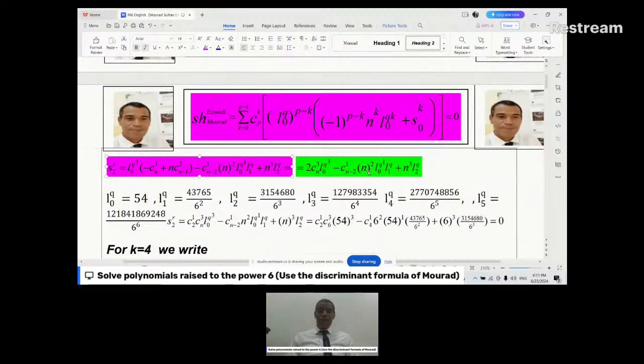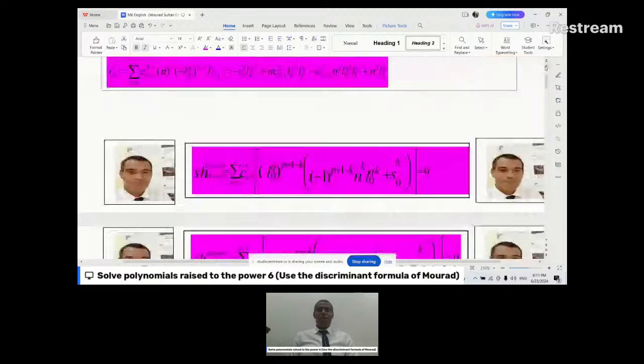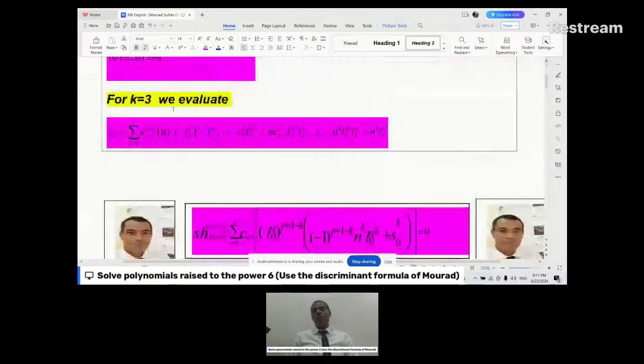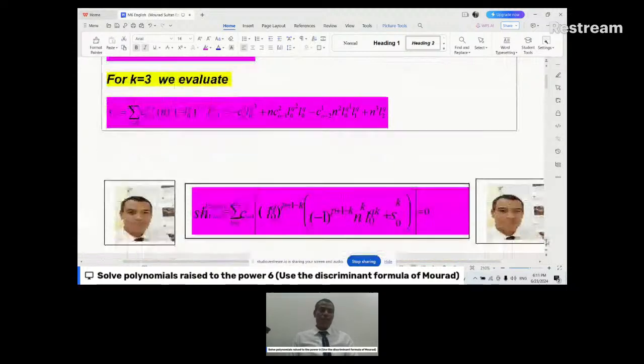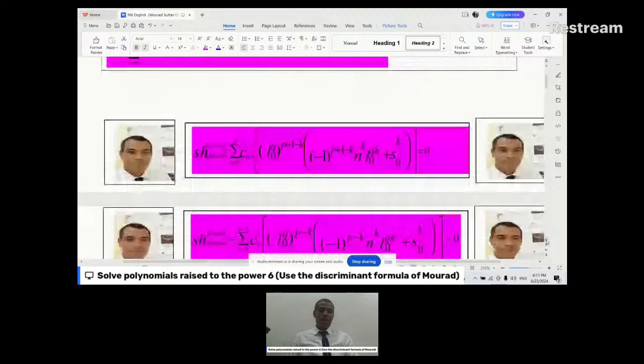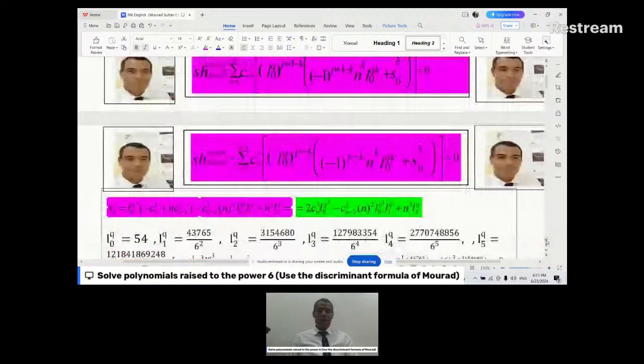Now, learners, I will use the expression of the discriminant formula when k equals 3, because we said we should set k equal 3 to evaluate the value of S2 of order R. Now I will continue, learners, finding the exact value of S2.